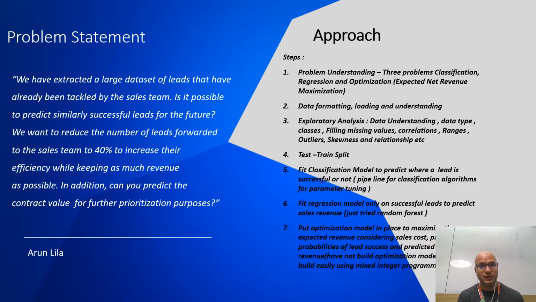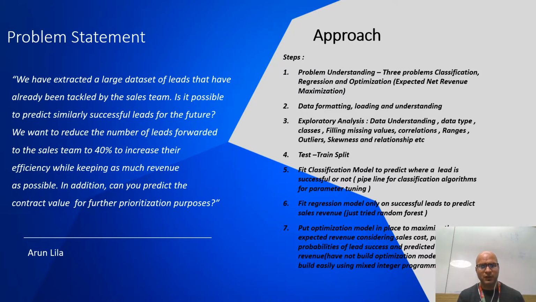The tasks involved data formatting and loading, data understanding, exploratory data analysis, data types and classes, then the train-test split, then fitting the classification models. I used a scikit-learn pipeline and GridSearchCV to find the best model, with parameter tuning.